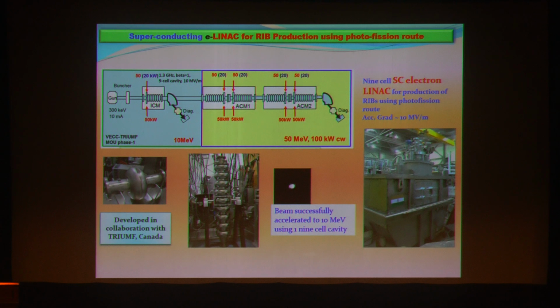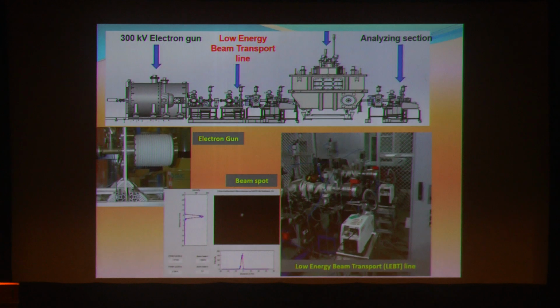Now we have to develop 4 more, on which my colleagues are working. But what I was trying to tell is that the electron linac area is not so gray now. We are almost confident we'll be able to make it.